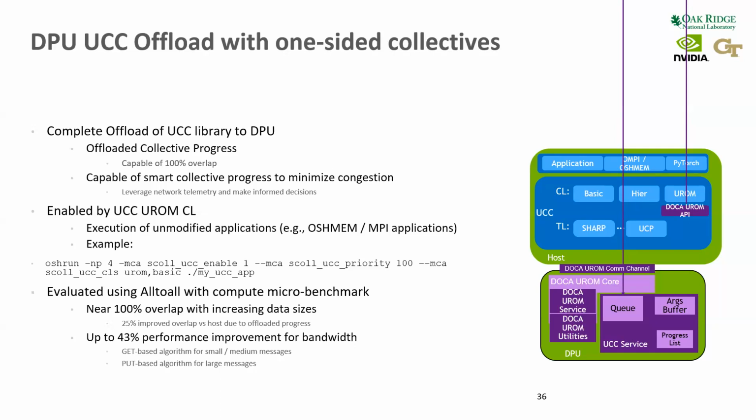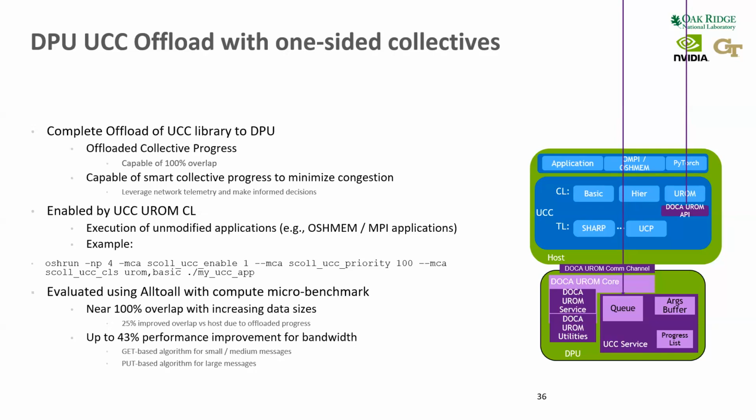Some benchmarks show that we can achieve overlap between the compute node and the DPUs as we increase the data sizes, and there is also a significant improvement in bandwidth in the context of the all-to-all benchmarks.